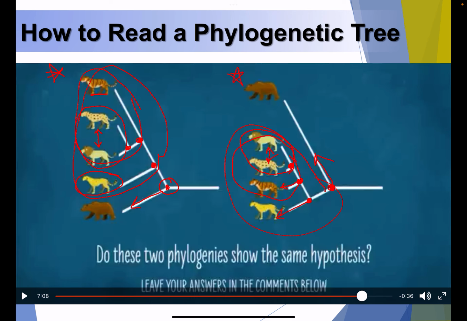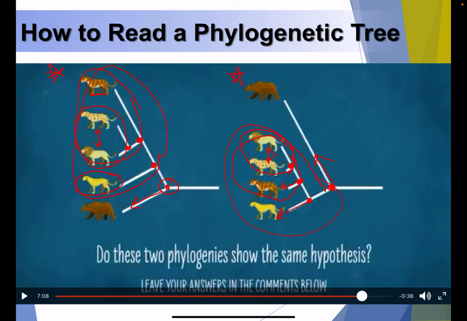So regardless whether it's represented this way or this way, the relationship as I have just shown you is still the same. As long as they have two taxa that share the same common ancestor on either representation of the phylogenetic tree, then they are equivalent to each other.